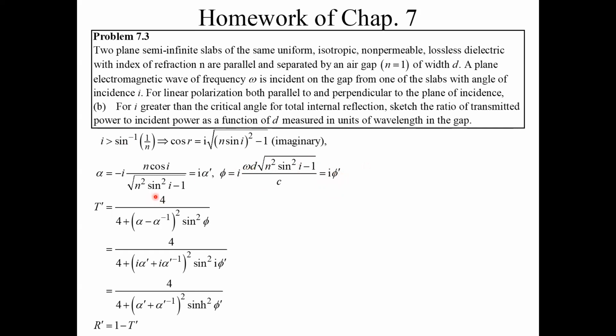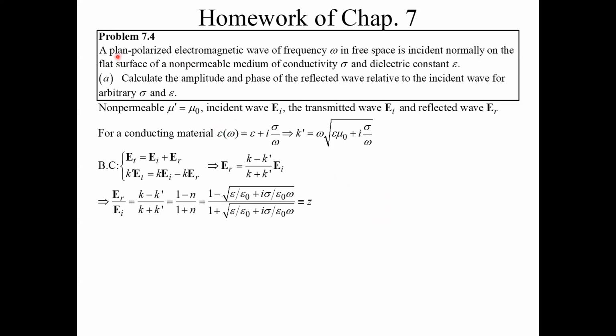So we use the same formula, and we just change our alpha into i alpha prime and our phi into i phi prime, and just sorting our answer, we'll get the answer here. And the reflected power will be equal to this one. And this is for part B.